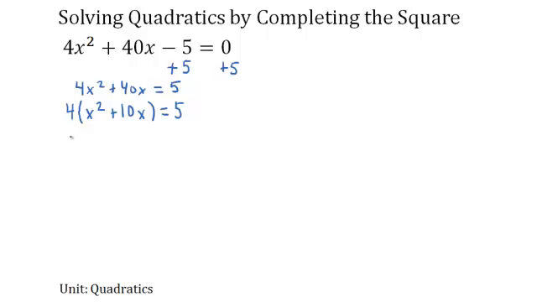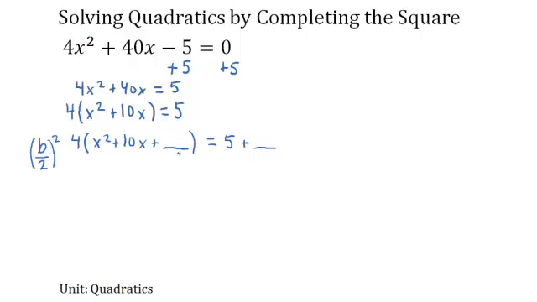Okay, now we can go ahead and work on the fill in the blank step, the completing the square step. So inside the parentheses, I'm going to put a blank. And over on the right side of the equation, I'm going to put a blank because I'm going to be adding something to both sides of the equation. So first of all, over in here with the quadratic, to build a perfect trinomial square, we use a little shortcut where we take the b value, divide it by 2, and then square it.